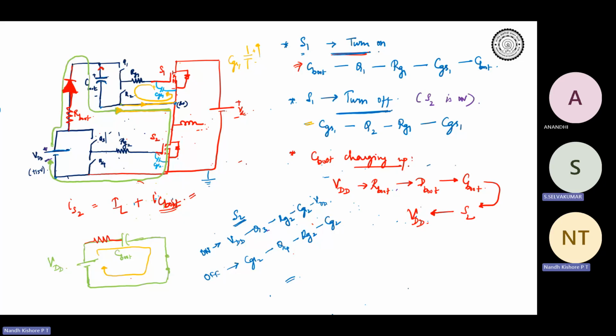For instance, if you have a 10 kilohertz application, 10 kilohertz means 100 microseconds is your switching period, right? Then your capacitor has to be able to supply 15 volts at least for 100 microseconds continuously without discharging. During those 100 microseconds, you don't want the capacitor voltage to fall from 15 volts to, let's say, 7 or 6 volts. You want it to remain almost constant.